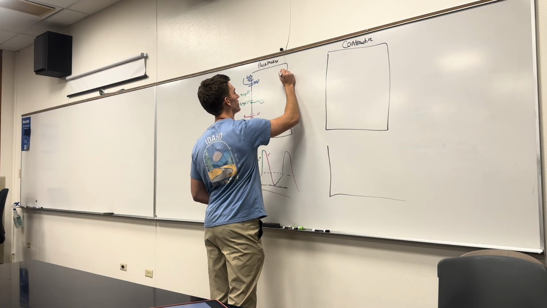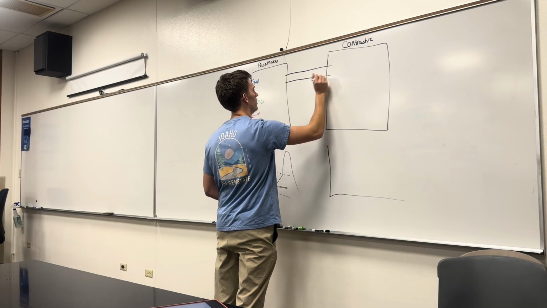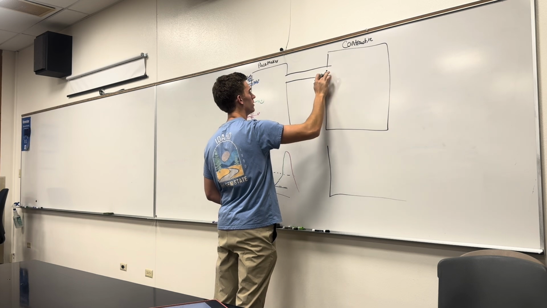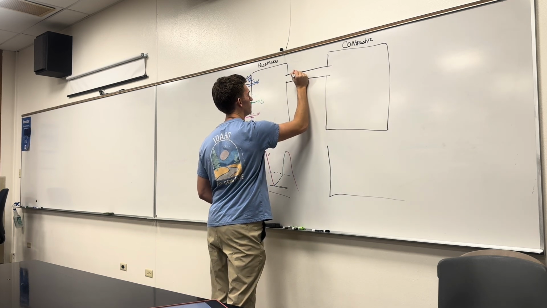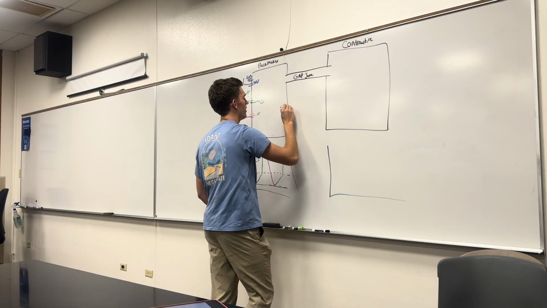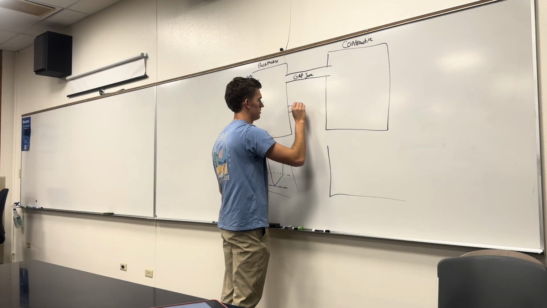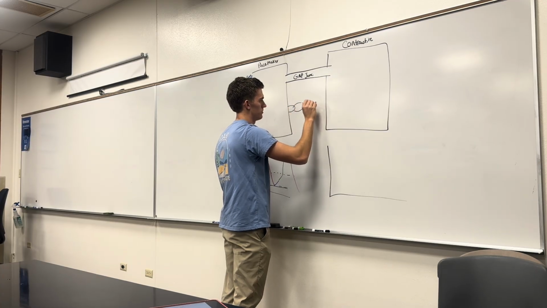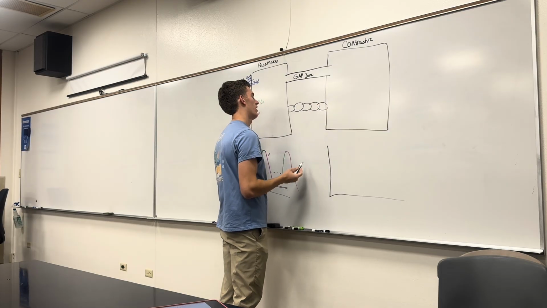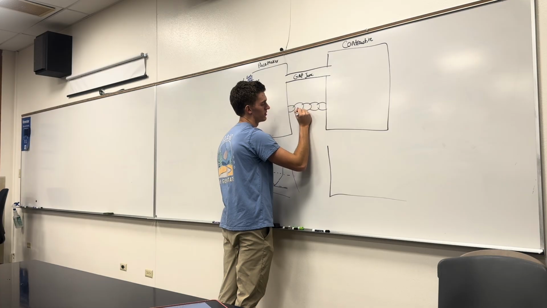these two cells are connected by a gap junction. This is our gap junction. And then we also have, I draw, this is a desmosome.